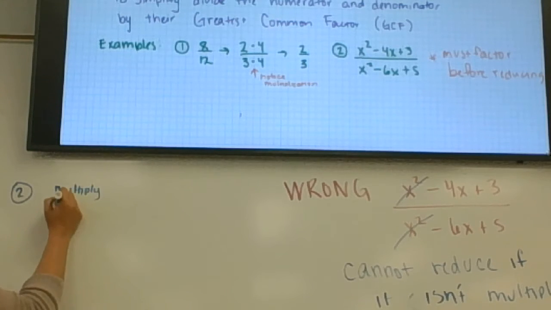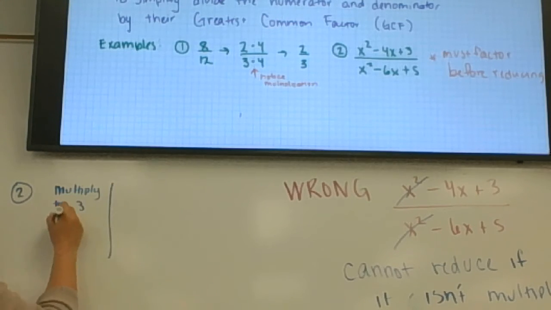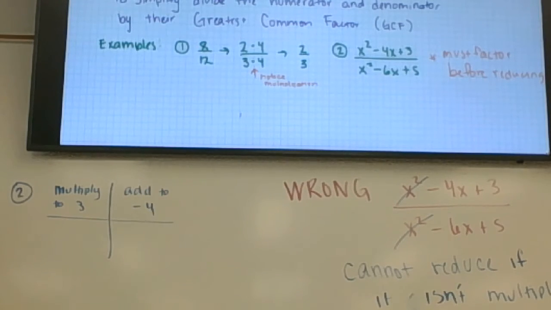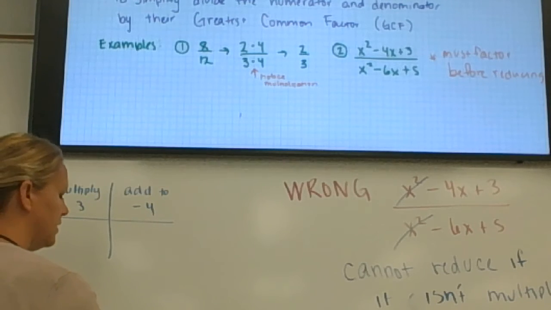We need to know what will multiply to 3 and add to negative 4. And that's for the numerator. And for the denominator, we have to multiply to 5 and add to negative 6.